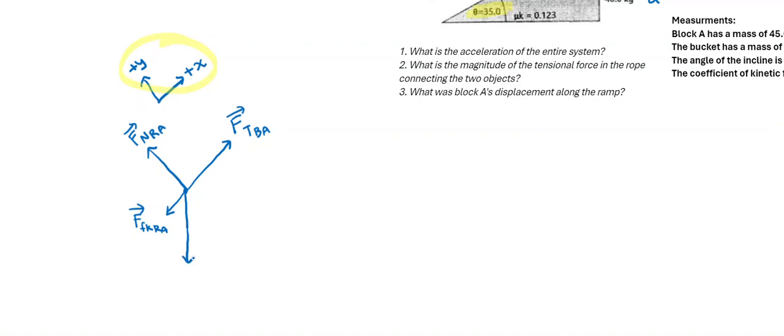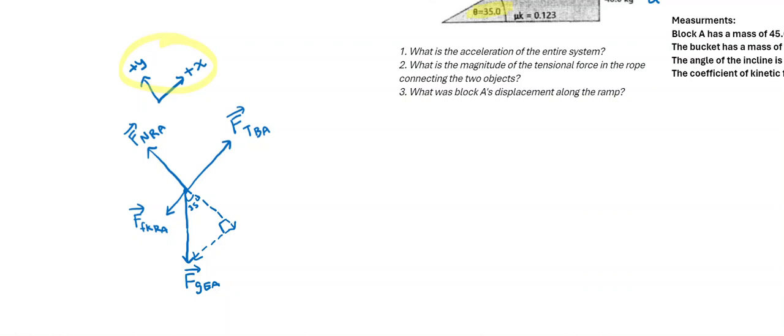What we're going to do is make dotted lines like this, because now we can account for gravity in the y direction and in the x direction. This angle is 35 degrees, as stated in the problem. And this is a right angle triangle, so we can just use basic trigonometry to figure out what the two vectors are going to be.